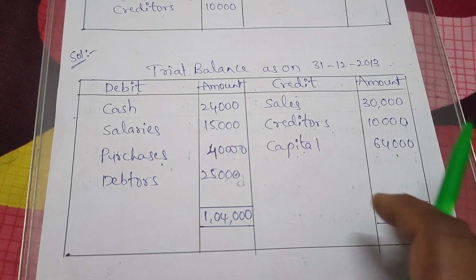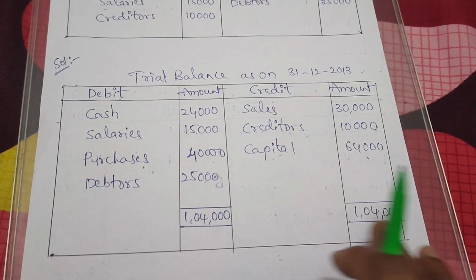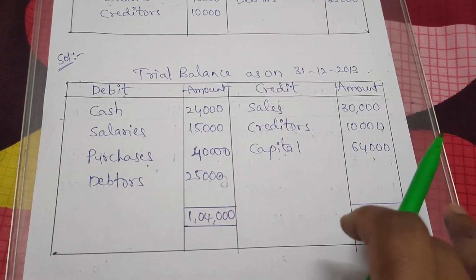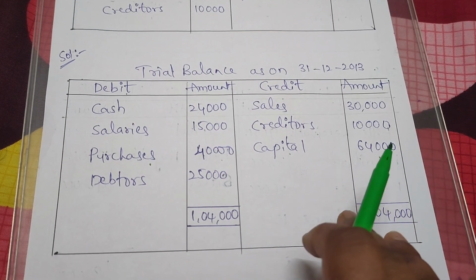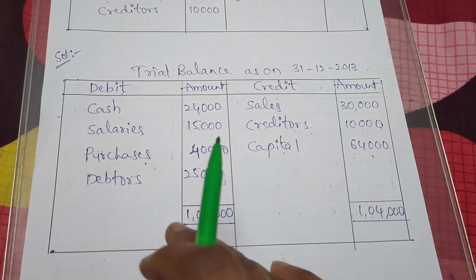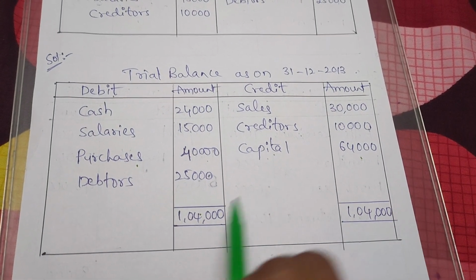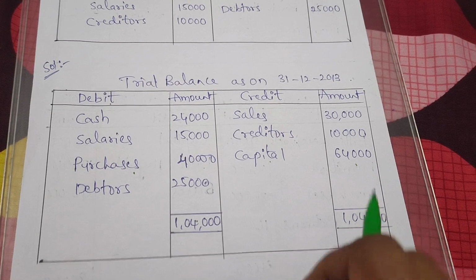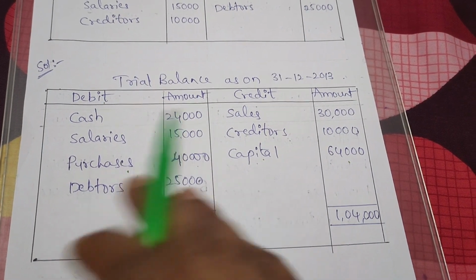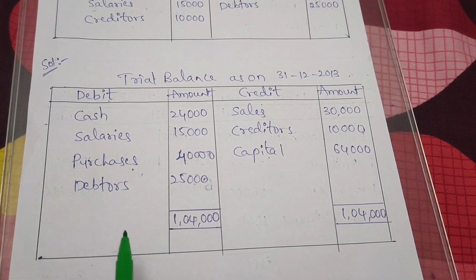This is how we prepare a trial balance. If totals are the same, we can say that there are no errors in the accounts prepared before the trial balance. If the totals are not tallying, then we can say that there are some mistakes in the accounting books that should be rectified.